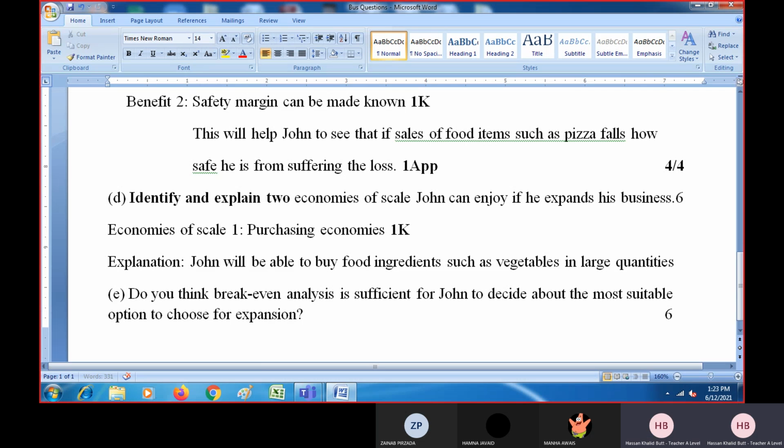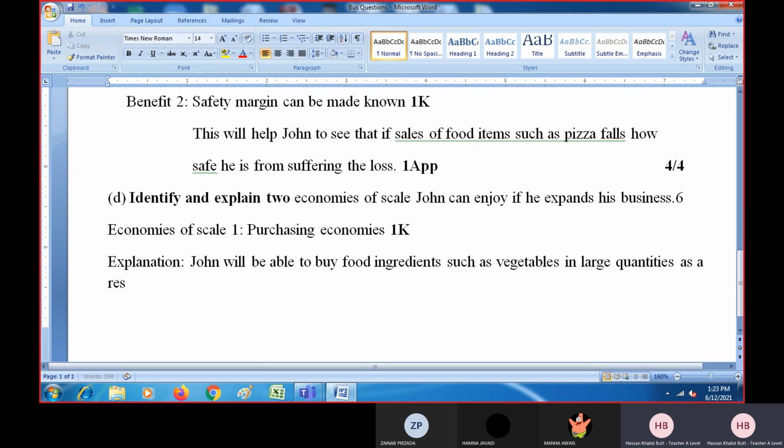As a result, the supplier offers a discount that leads to lower average cost. Right, now I wrote that.